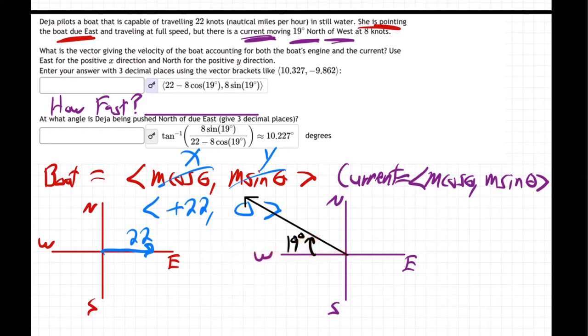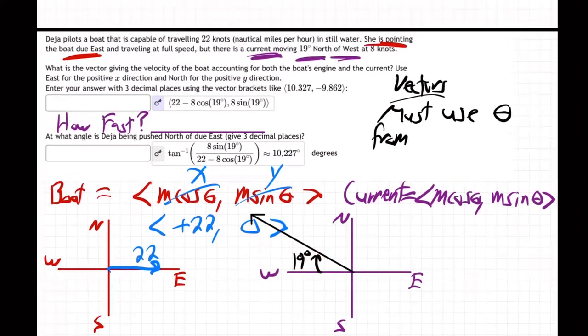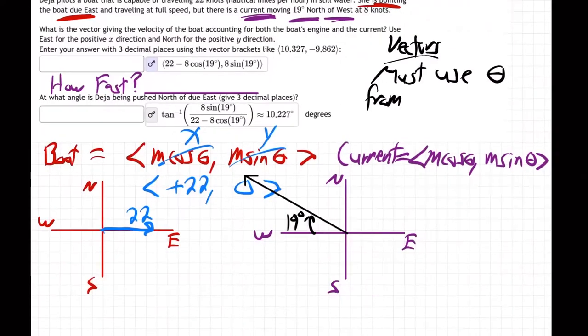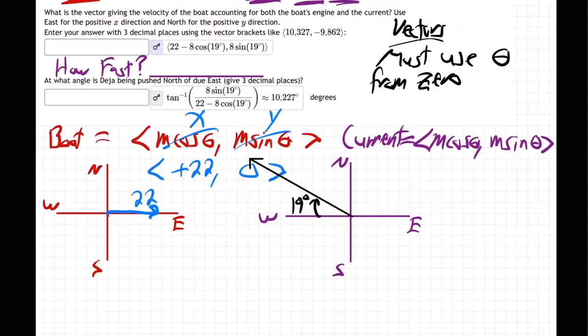Okay, but careful. For vectors, you must use theta from 0 degrees. So in other words, we need to know how big is that angle.